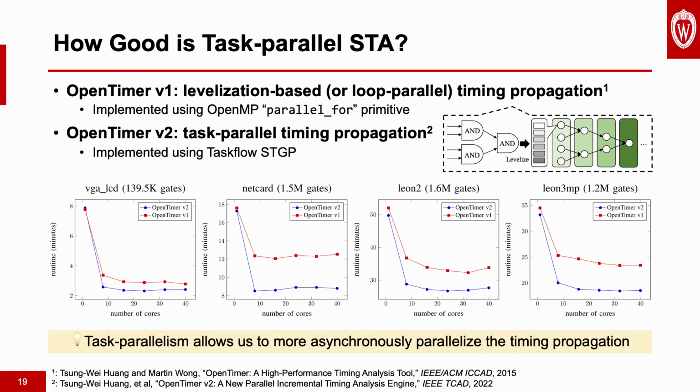Regardless of the number of CPU cores you use to run the timing analysis workload, there is always a consistent gap between task parallel and loop parallel timing propagation. That is because task parallelism allows us to more asynchronously parallelize the timing propagation without the need for level-by-level synchronization.